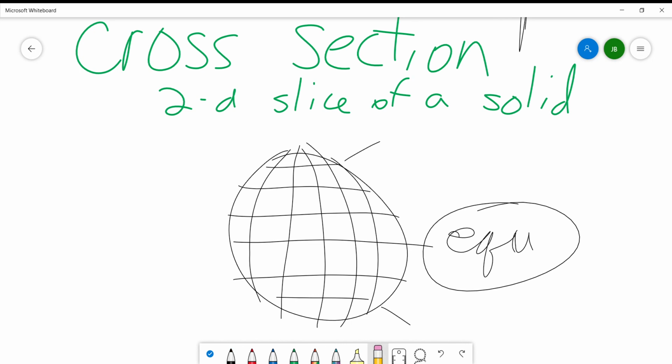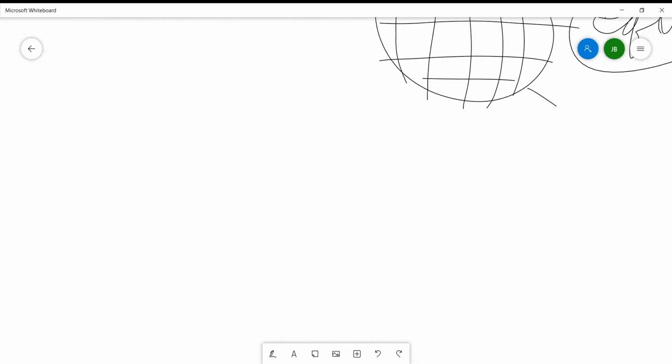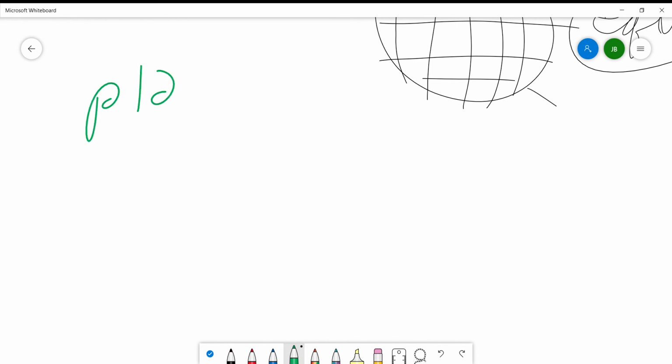Okay, enough of that. Look at page 127. They say to make these things out of clay. We're not doing that.